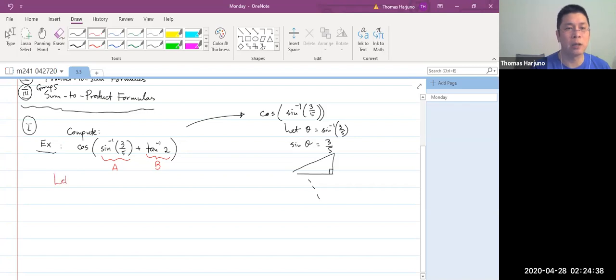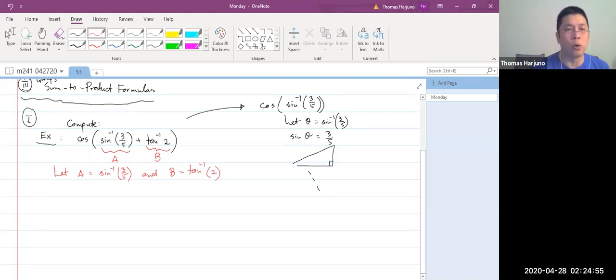So let A be sine inverse of 3/5 and B be tangent inverse of 2. So sine A will be 3/5.